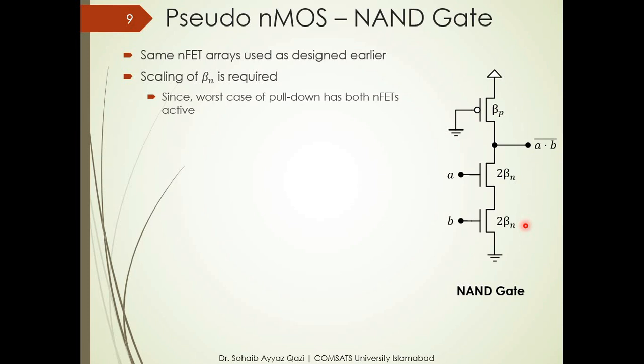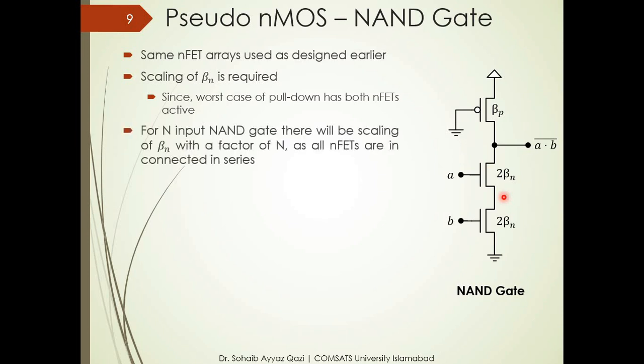So if we have a 2 input NAND gate, the beta will be scaled by a factor of 2. But what happens when we have an n input NAND gate? Then there will be a scaling factor of n. So all the n nMOSes are scaled with a factor of n.